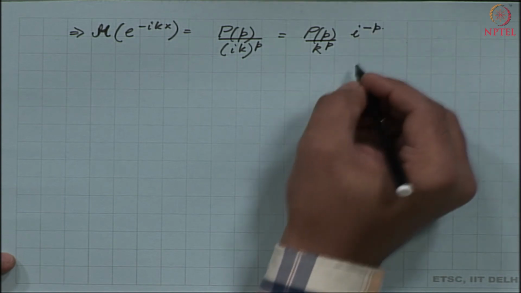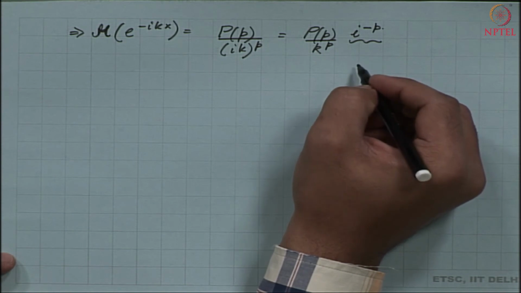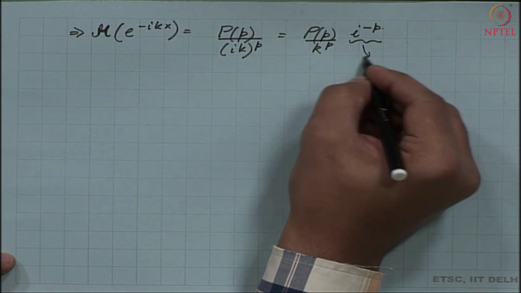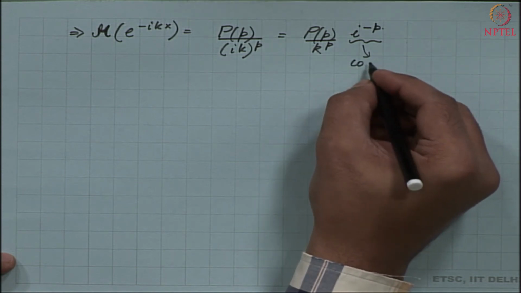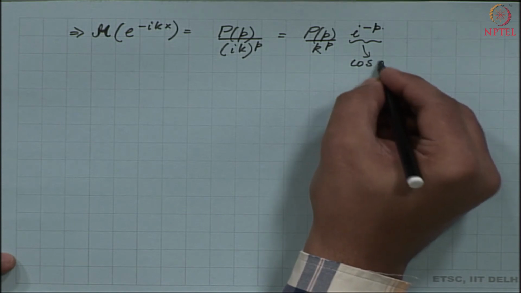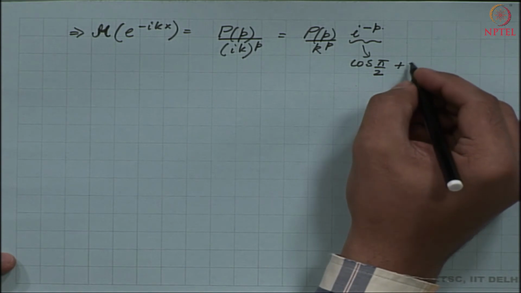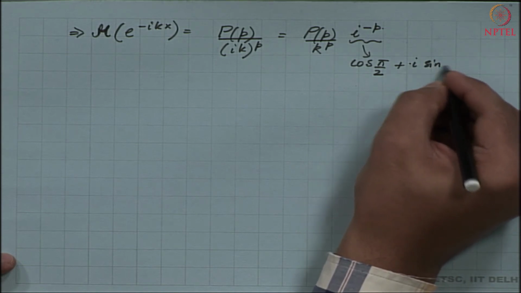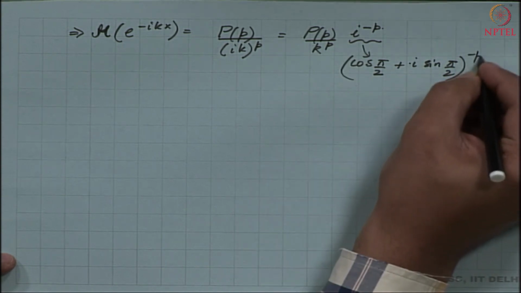Now, I am going to use de Moivre's expression for negative square root of 1. So, i is cos pi by 2 plus i sin pi by 2, to the power negative p.